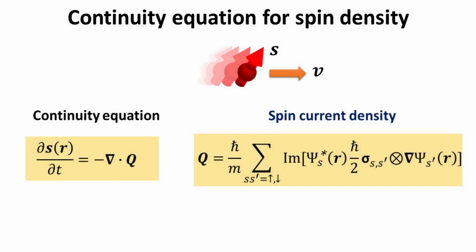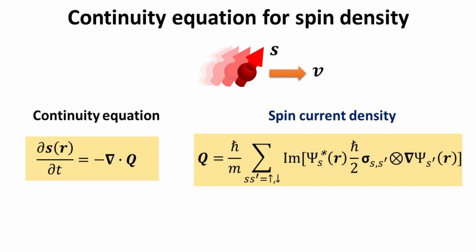The continuity equation for the spin density is highlighted in the left yellow box. It tells us that the rate of change of spin density at location R equals the divergence of a quantity Q that describes a flow into or out of that location. The quantity Q is, therefore, the spin current density. Its definition is highlighted in the right yellow box.